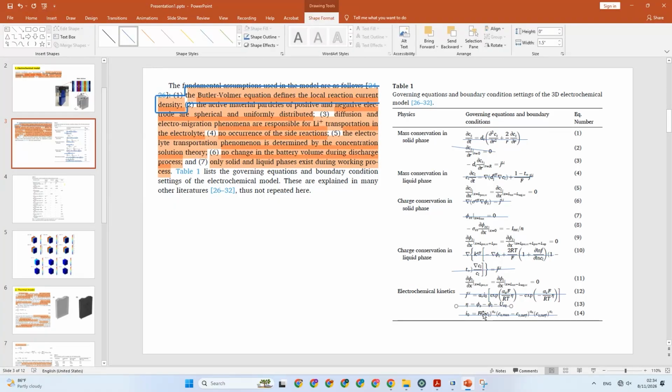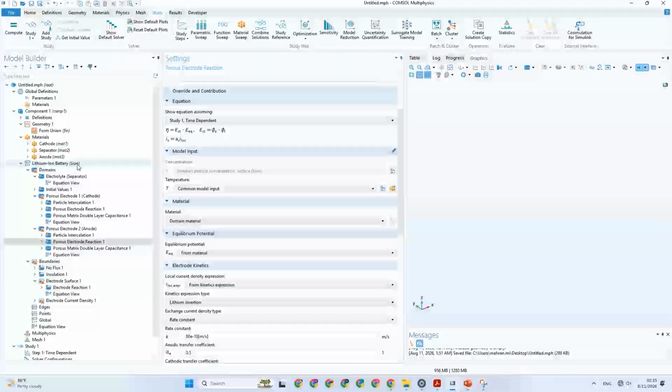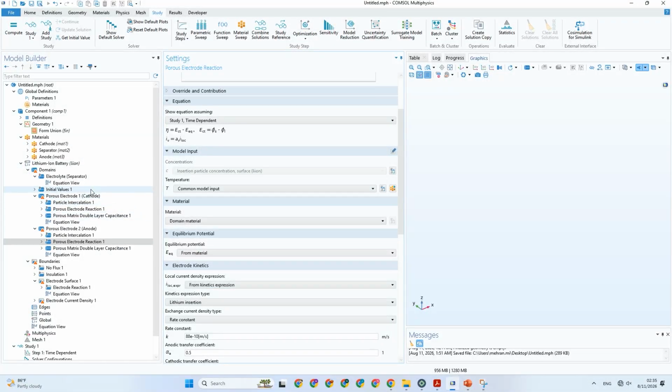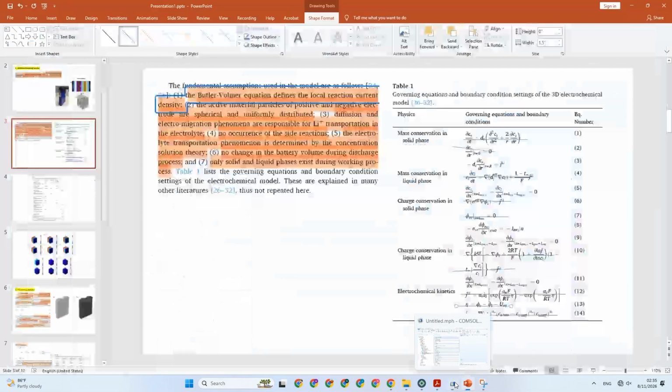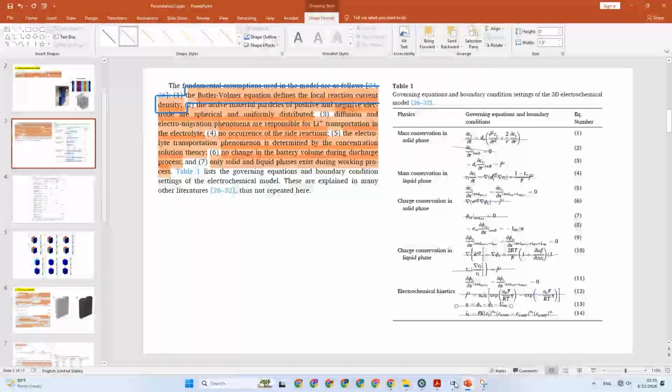And just we must bring these boundary conditions, and the module is correct. The module is correct, and just we must add the boundary condition. And also we will bring this condition here, and also we bring this condition. Let me check this.